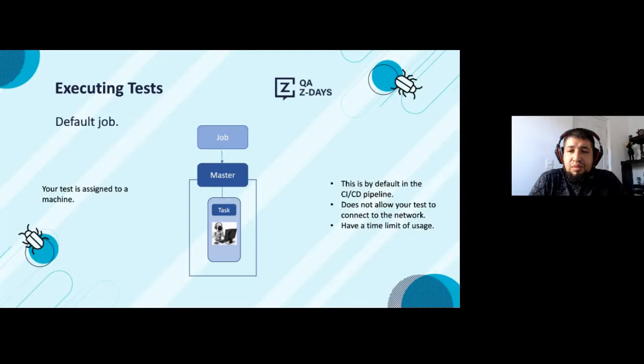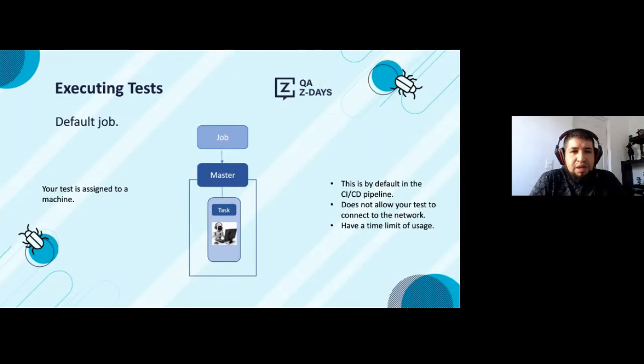This default job will not allow your application to connect to the network. That's why for some internal applications we have to use this hermetic environment, because anyway we cannot connect even through a test account. In this kind of job, they are already isolated and will have your application and deploy everything there along with your test.